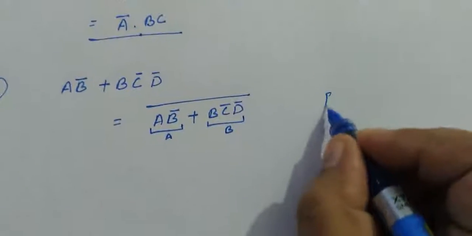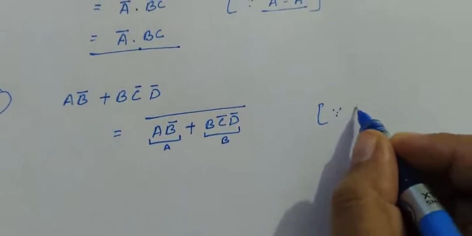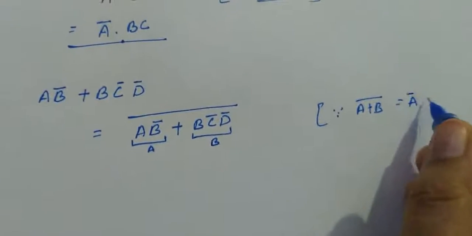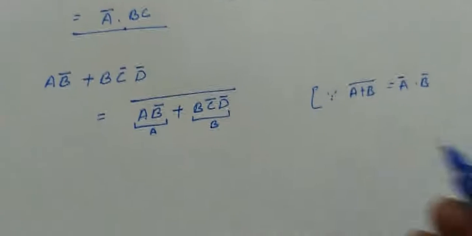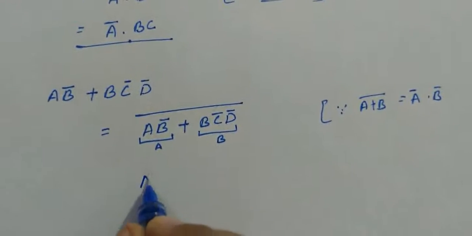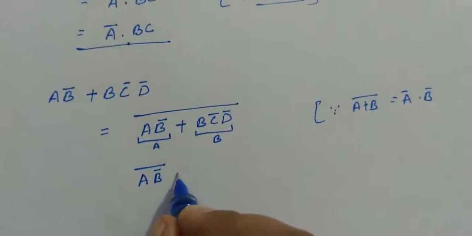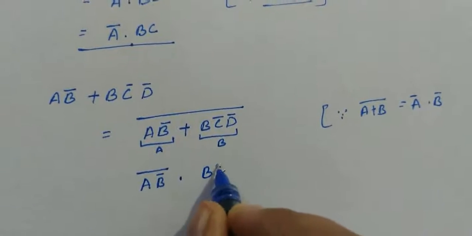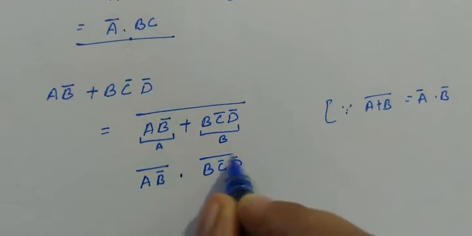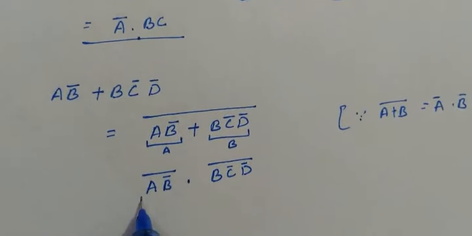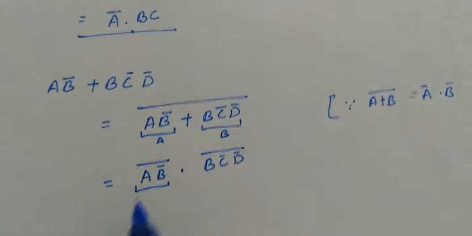So what is the law? Since (A plus B) whole complement is equal to A complement dot B complement, using this theorem we will get (A B complement) whole complement dot (B C complement D complement) whole complement. Now again we can apply De Morgan's law in this term.